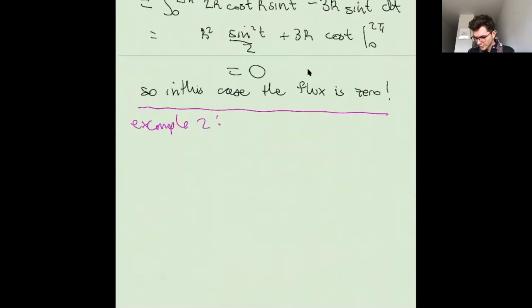Okay, let's use this vector field, which is x comma y, and now let's use a unit circle. Sorry, let's do it just for x comma for y. Flux for the unit circle.